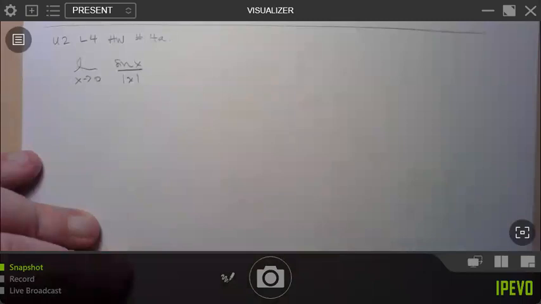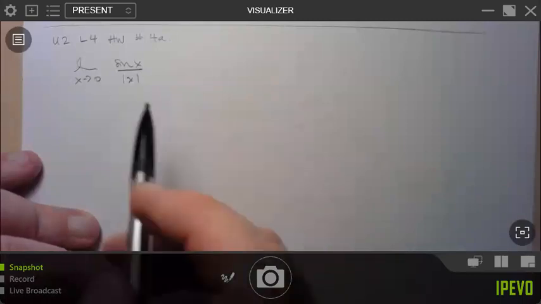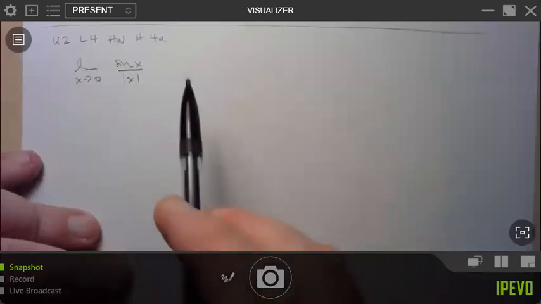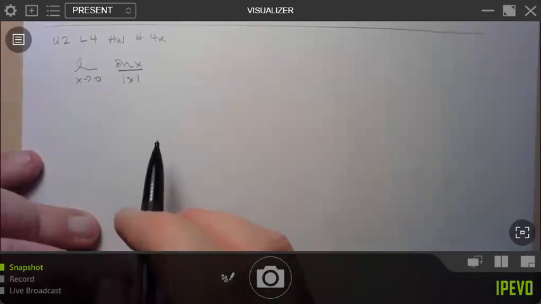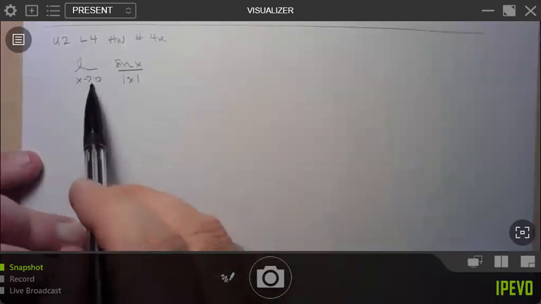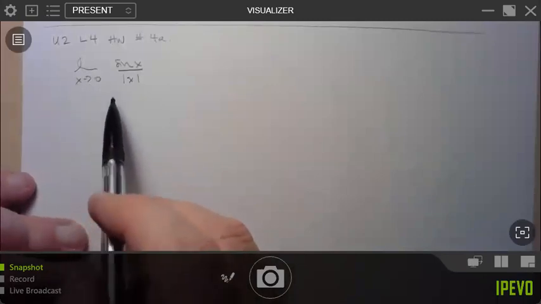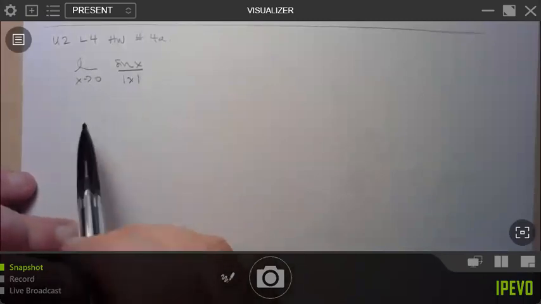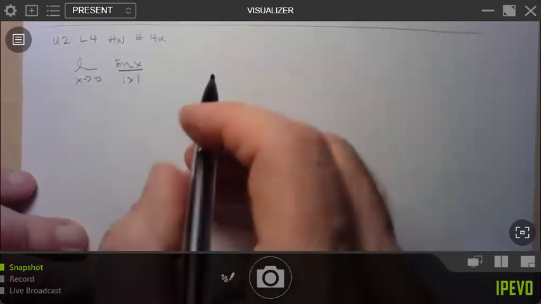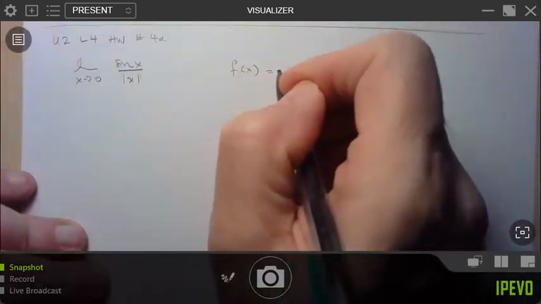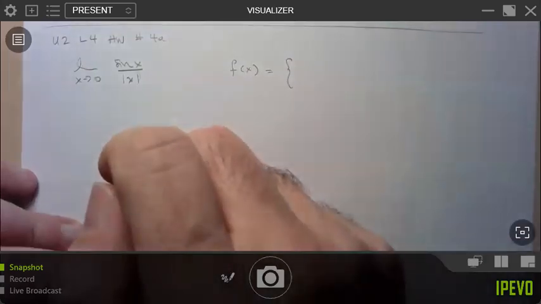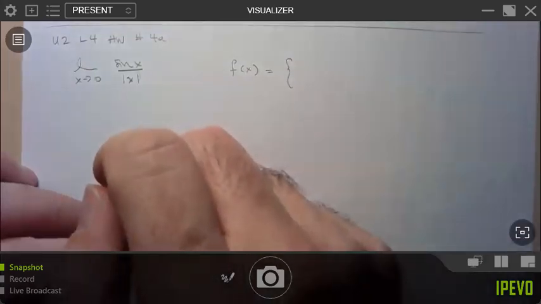So as we almost always do when we're working with limits or derivatives of questions that have absolute values, I rewrite this as a piecewise function and then consider the limit from the left and the limit from the right. But we know how to write the absolute value of x as a piecewise function. We know that it's at 0 that it's going to change its equation.